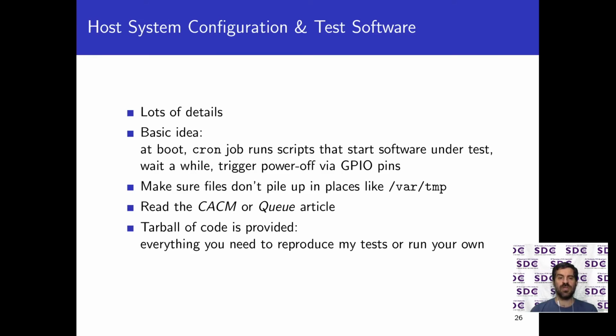You also need to make sure that system logs and whatnot don't pile up without bound. A month-long test run once died because we weren't deleting logs aggressively enough. Please read the CSMQ article for the details, including where to download all the software you need to replicate our results or run different tests of your own.